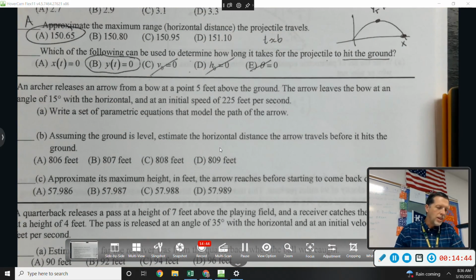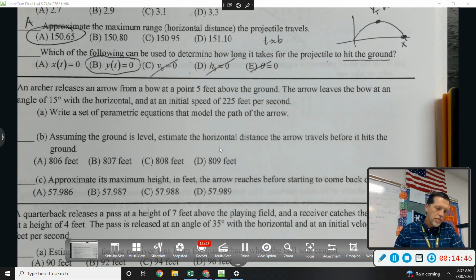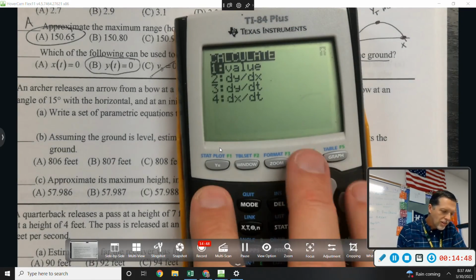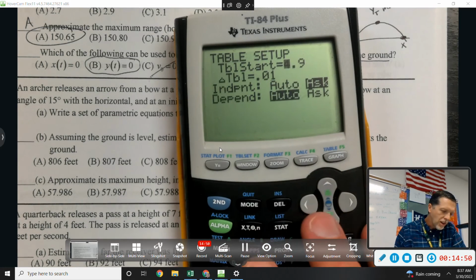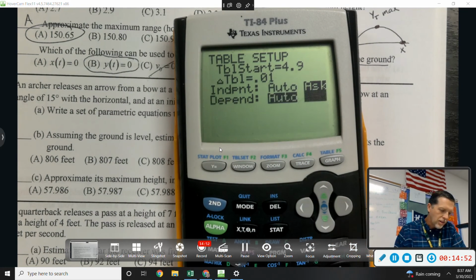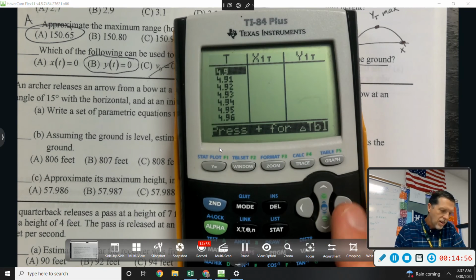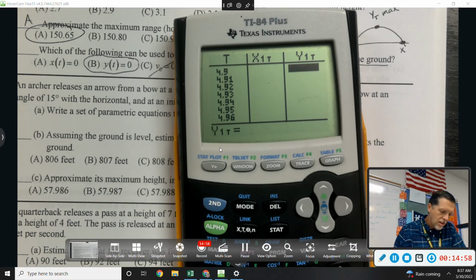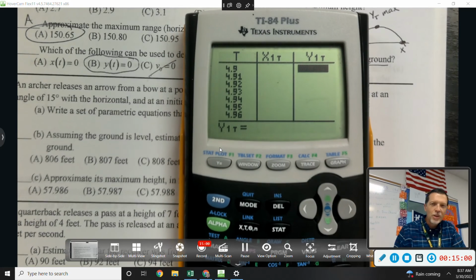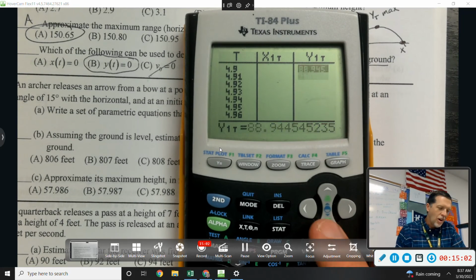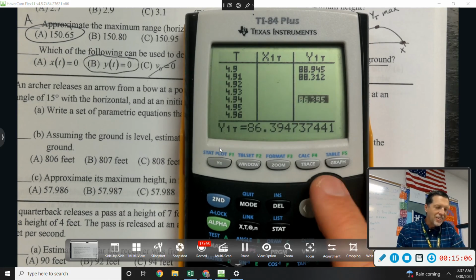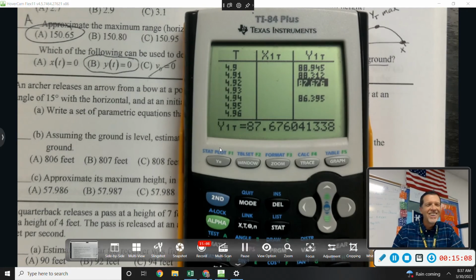So we'll need to... Can you do dependent to ask? Oh, can you? Second table set. Y dependent 0, ask. There you go. It won't let me hit 0. Oh, I can hit enter and it tells me the answer. That's kind of dumb. Wait, put ask on both.